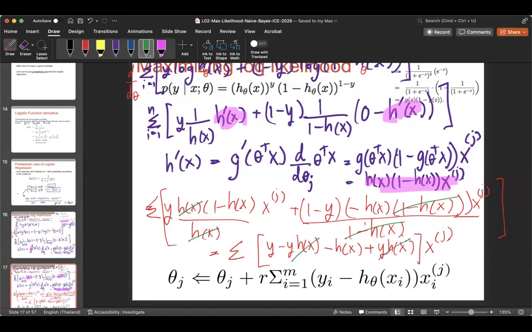And so in the end, you will get this term, which is what we left off with last time. This is the derivative of logistic regression. Today we just showed that it is actually the derivative.